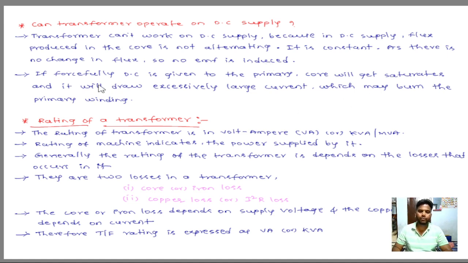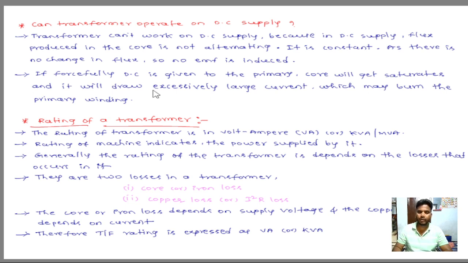Suppose we forcefully give DC supply to the primary winding of a transformer. The entire supply current will flow in the transformer core, since the primary winding is attached to the core. After some time, the core will get saturated.